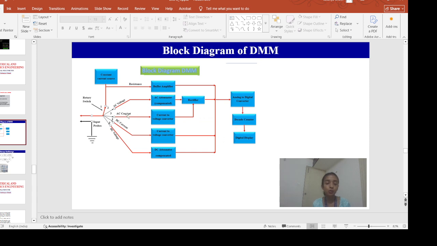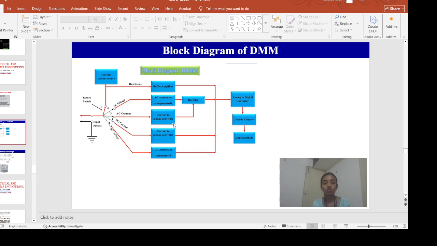Next, if I want to measure the AC current, I need to convert that current to voltage. Whenever we have some input current quantity, it is always advisable to convert it into voltage, so that our calculations and measurements become simple.